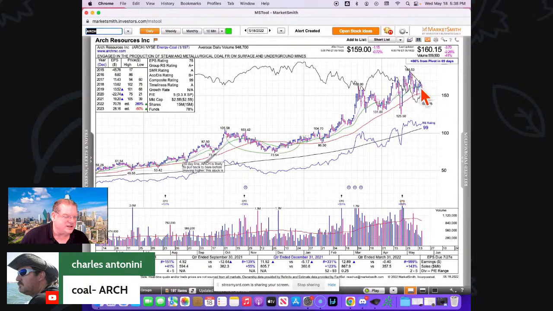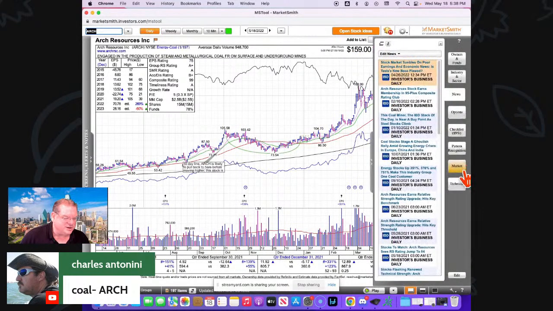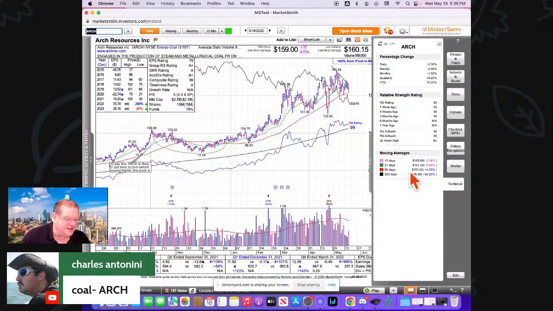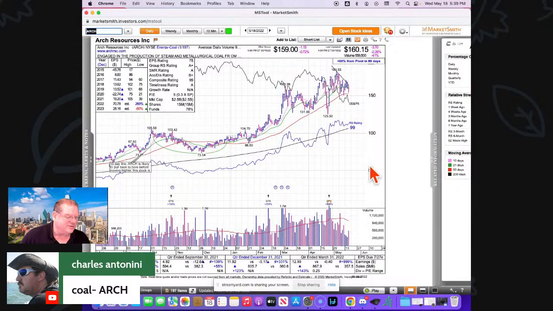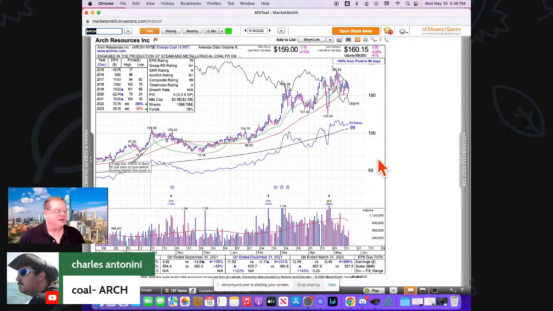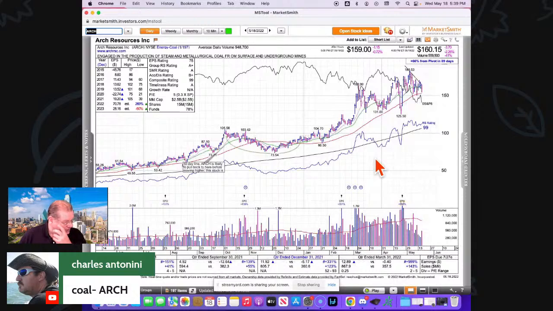So if it does reverse off this 21-day line, which I think it might, 159 is the price for Arch. Let's see where the 21-day line is. Yeah, it's 161, so we're just below that 21-day line. Very likely, based on this chart, if we don't get too much interruption here, it's likely to move higher.